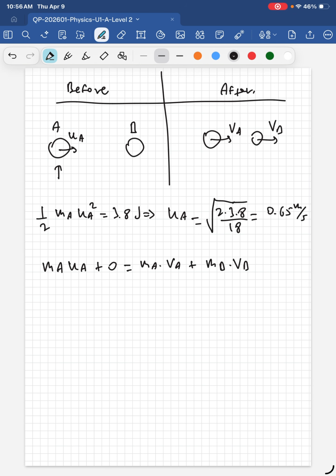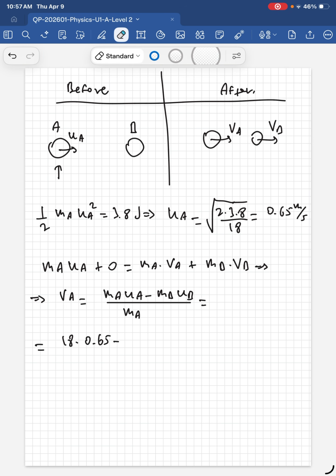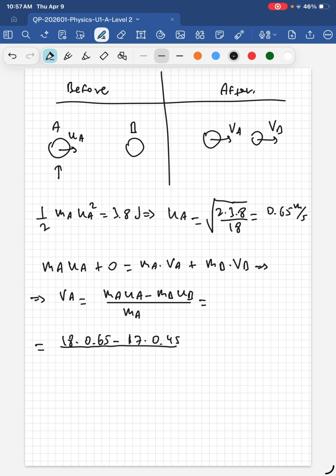So let's solve for vA. vA is going to be mA uA minus mB vB over mA. This is equal to 18 times 0.65 minus 17 times 0.45 over 18. So this is 0.22 meters per second.